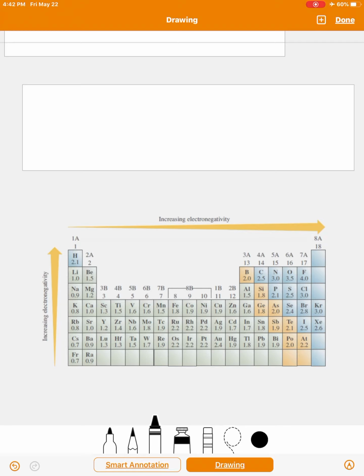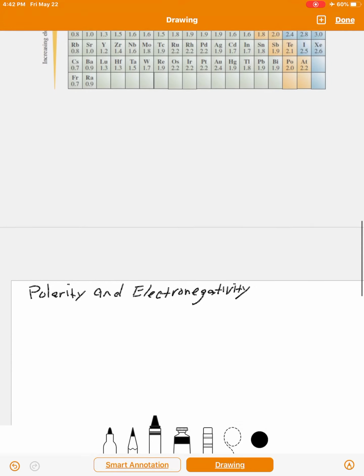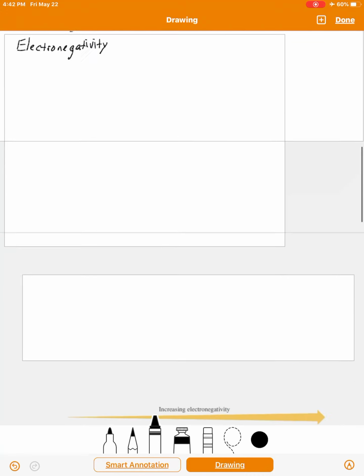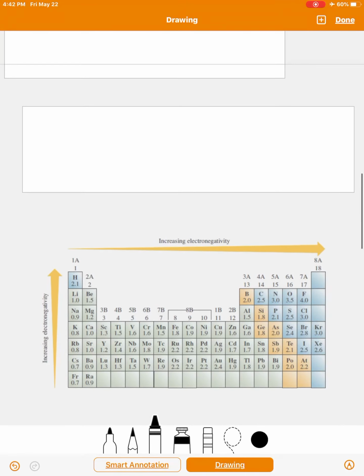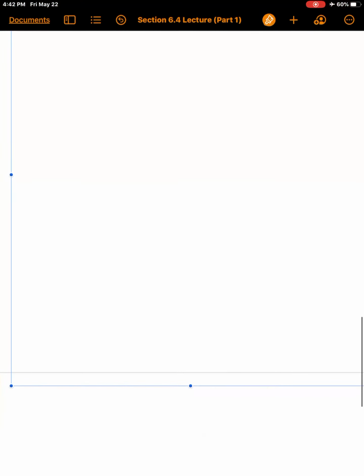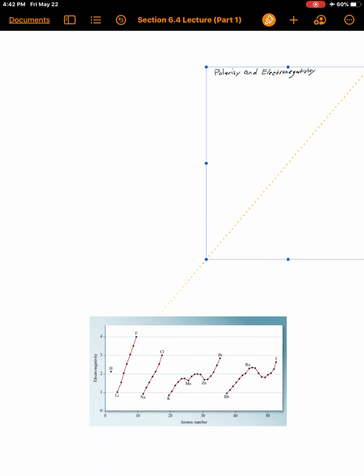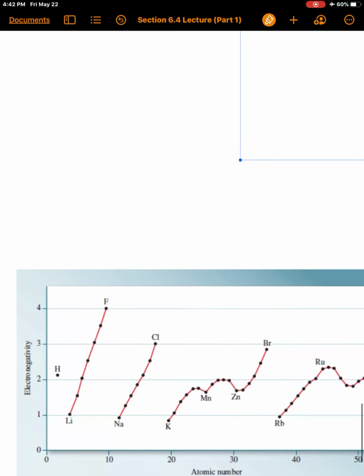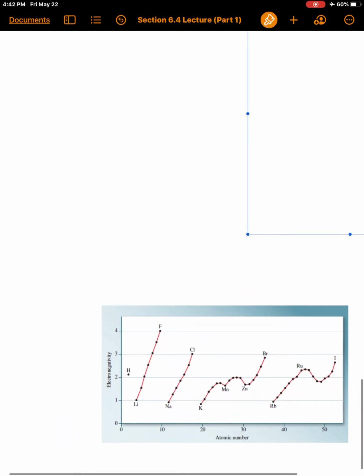Now, how do we use electronegativity values? Oh, actually, before I even go through that, let me show you one more chart here. There we go. There's one more chart here I want to show you, which is this repeating pattern in the periodic table.